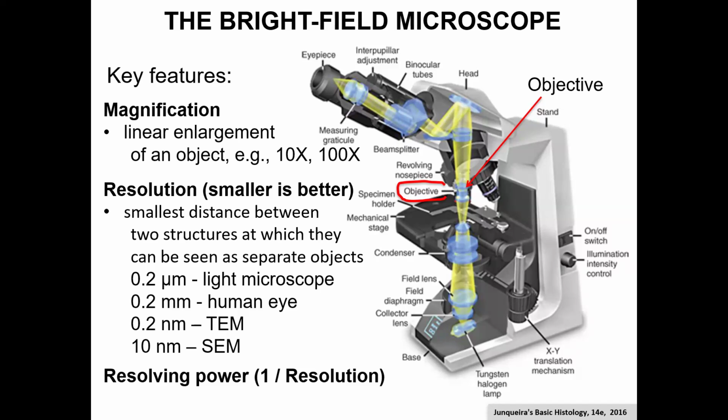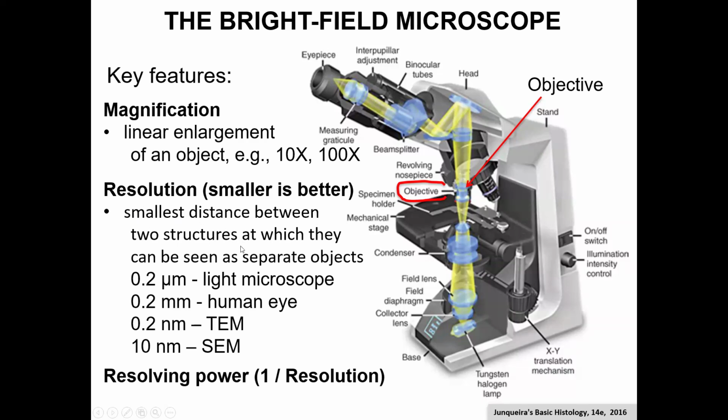If the two spots are closer than the maximum resolution that a microscope can achieve, they cannot be seen as separate, only as a single spot. So the resolution is the smallest distance between two structures at which they can be seen as separate objects. The smaller the resolution value, the better it is.